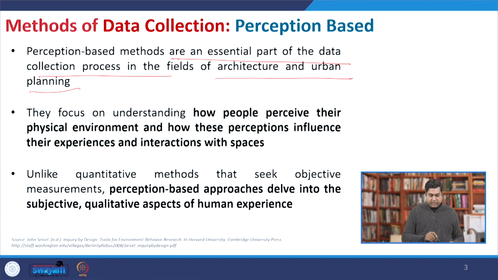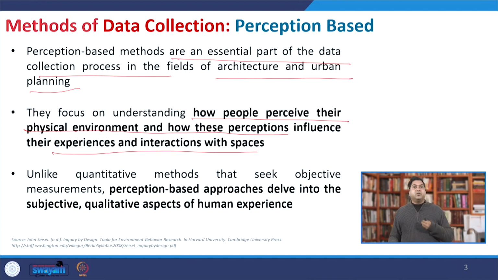In this case, perception based data collection focuses on understanding how people perceive their physical environment and how these perceptions influence their experience and interaction with the spaces. Say, for example, in many cases nowadays in architecture we talk about the sense of fear. Especially when you are walking at midnight and all the shops are closed, or the illumination is not proper, there is a sense of fear.